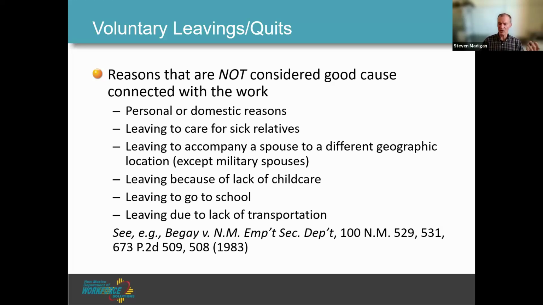Moving to accompany a spouse to a different geographic location. There is an exception for military spouses, and we'll talk about that in just a moment. Leaving work because they don't have childcare, leaving work to attend school full-time, or quitting due to a lack of transportation. Again, those are not considered to be good cause that would allow them to receive benefits if they quit under those circumstances.